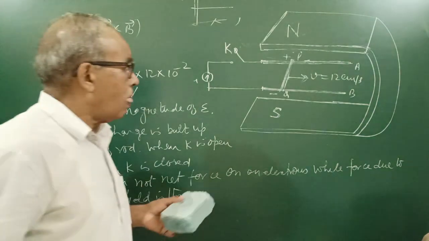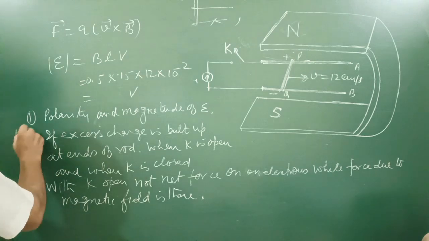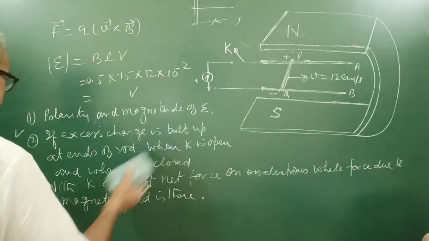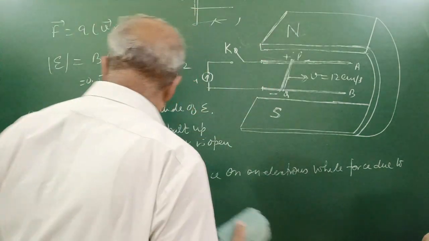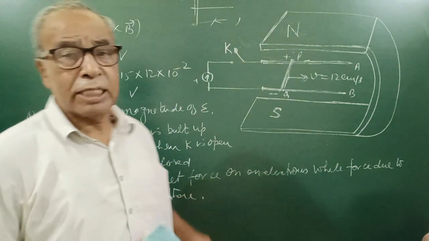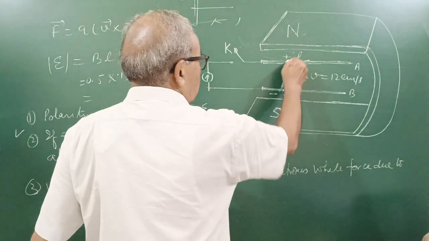Now the question is this: is excess charge built up at the ends of the rod when K is open, and when K is closed, excess charge built up at points P and Q?